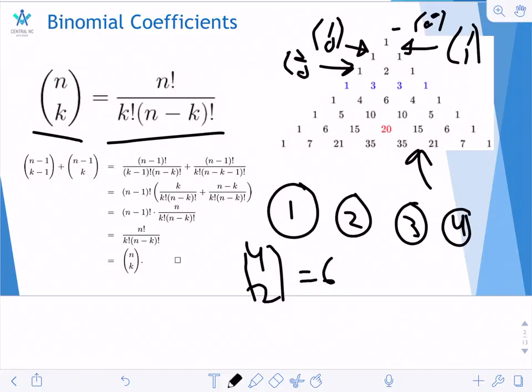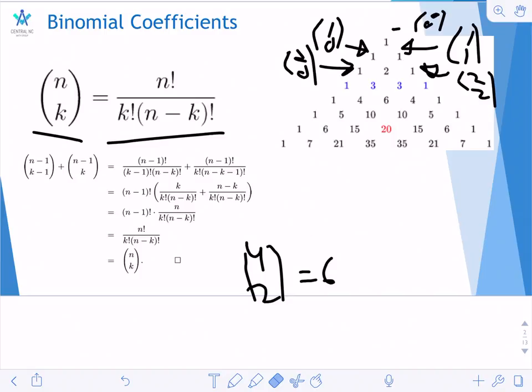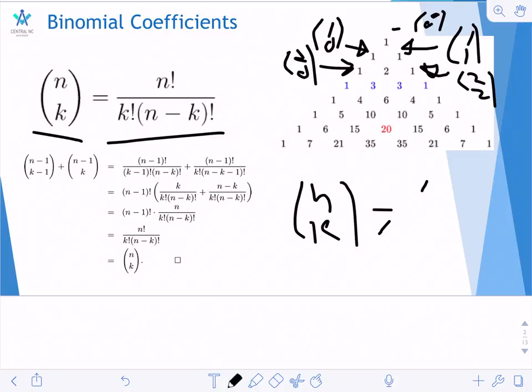Here it's 2 choose 0. The middle is 2 choose 1. Over here you got 2 choose 2. Yeah, you get the picture. You'll notice that the triangle is symmetric because n choose k equals n choose n minus k.